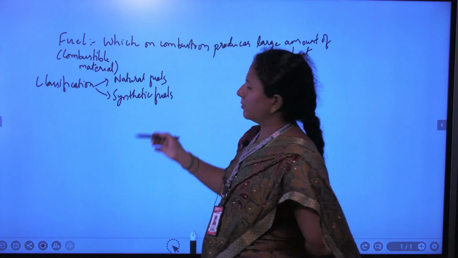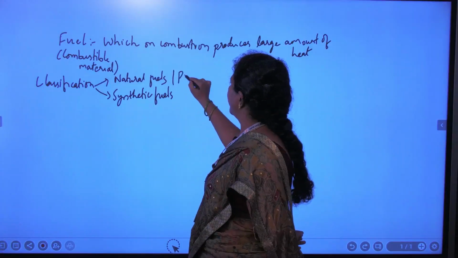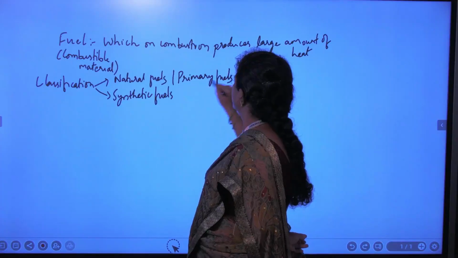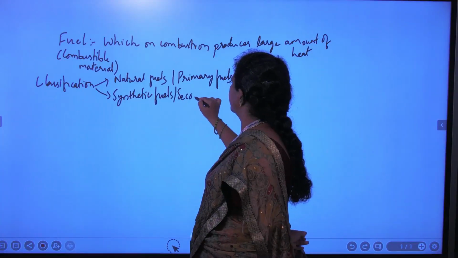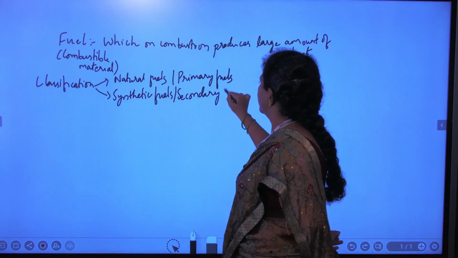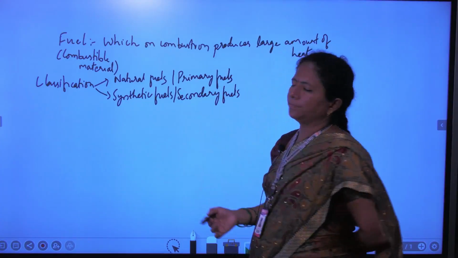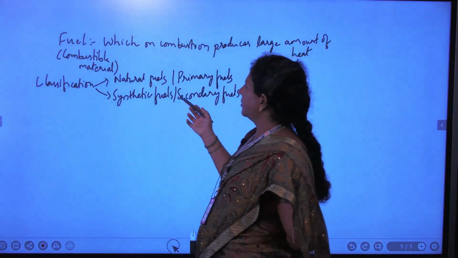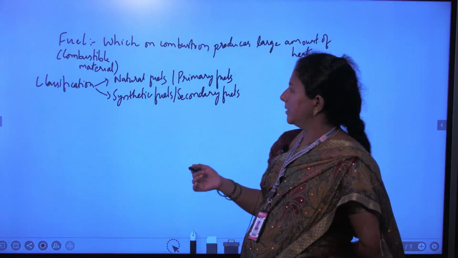These natural fuels can also be called as primary fuels, and synthetic fuels means secondary fuels. So later we have discussed about the various types of natural fuels and synthetic fuels.